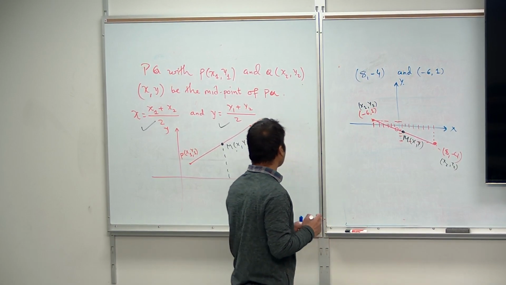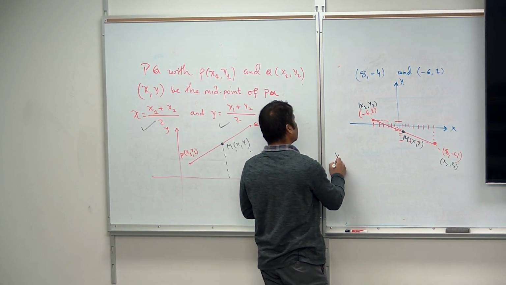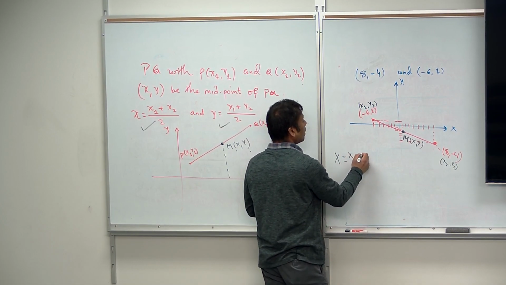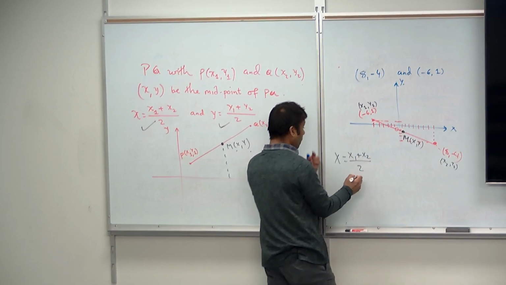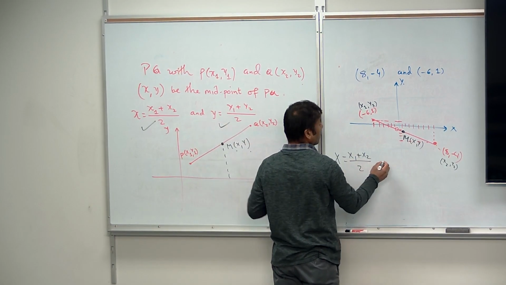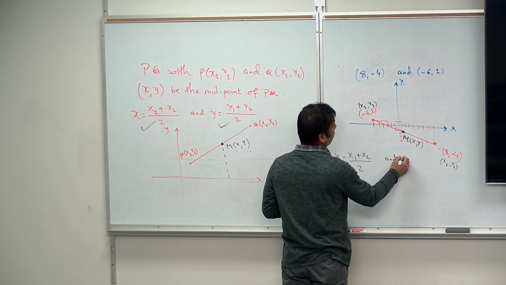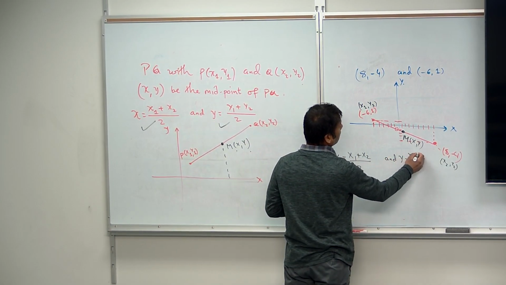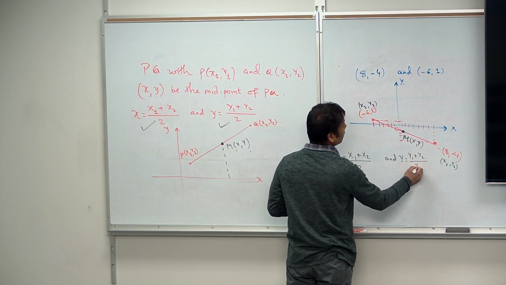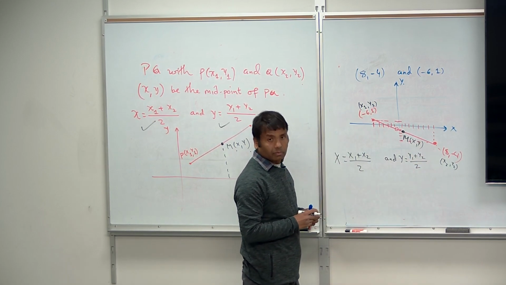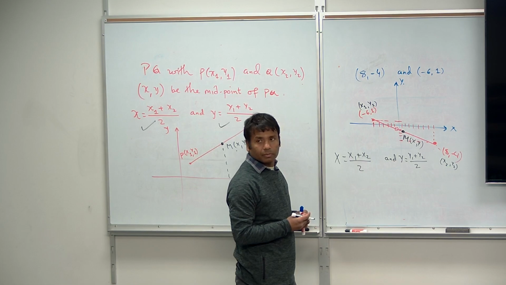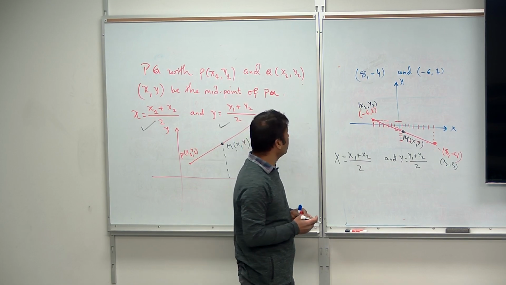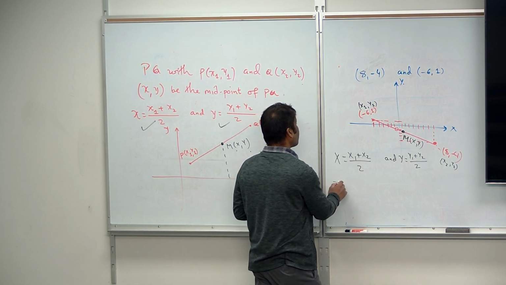So now you see, x equals x1 plus x2 over 2. This is the formula, okay? And y equals y1 plus y2 over 2. Good so far? So what is my x1?